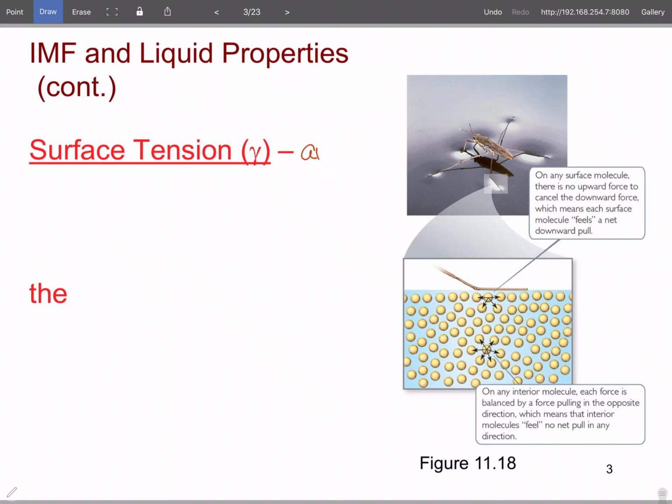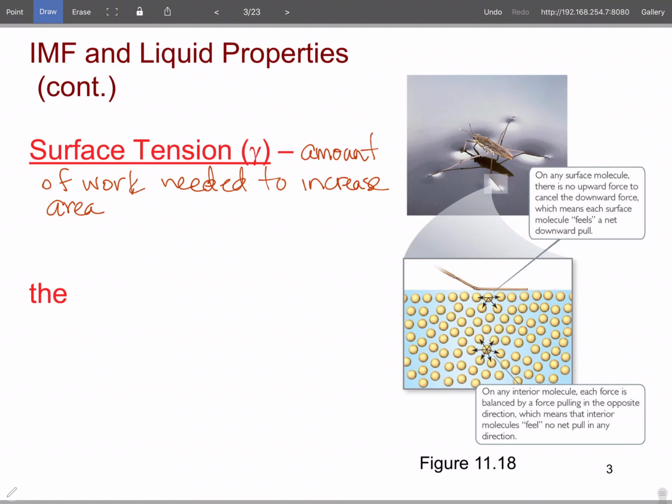Okay, one of my favorites is surface tension. And surface tension has an interesting definition. It's the amount of work needed to increase the surface area. So if you think about it, when you see drops of water, and they do a slow-motion situation of it, then you'll see it pulling down in a tear shape, and that's the raindrop portion.